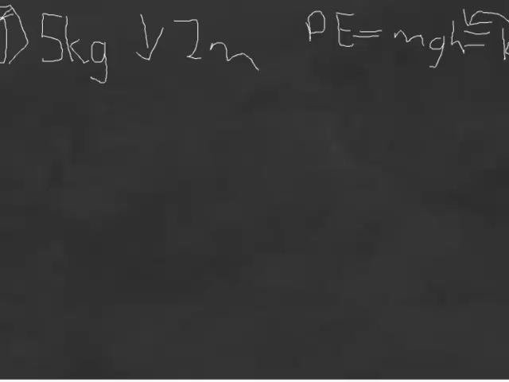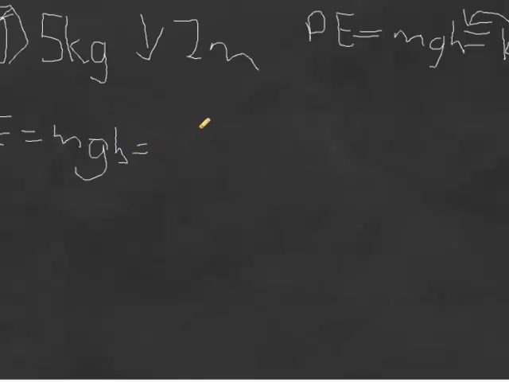So basically we do kinetic energy equals mass times gravity times height. I'm not going to write the units because it'll take too long in this program, but you have to write them.